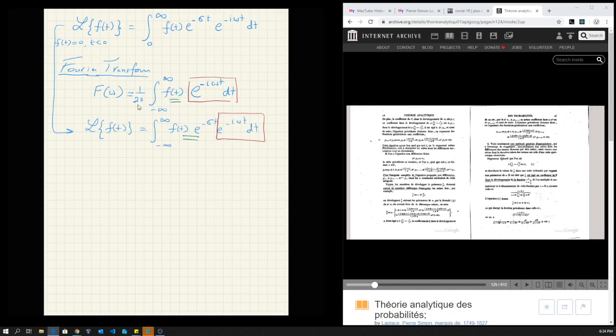And of course, if you have this 1 over 2 pi up front, you have to remember to divide by that. But essentially, that's the difference between them. So you can think of the Laplace transform as a Fourier transform where, before you do the transform, you take the function and multiply it by this exponential signal here.